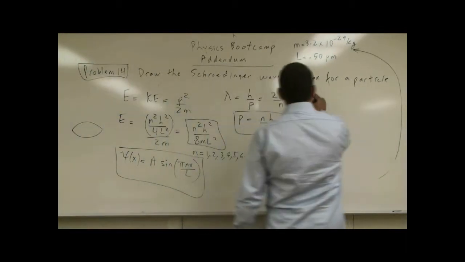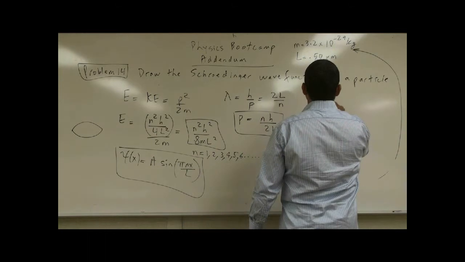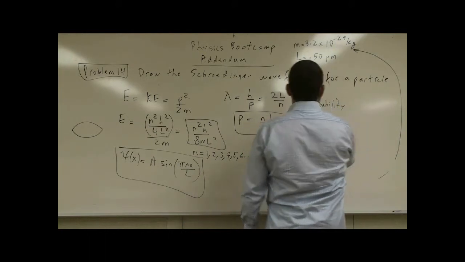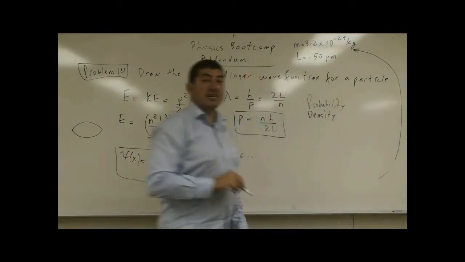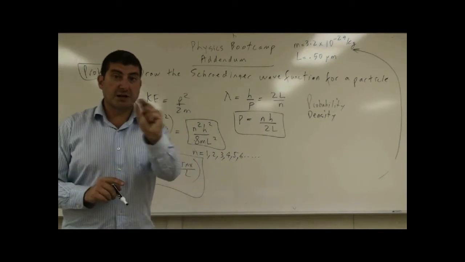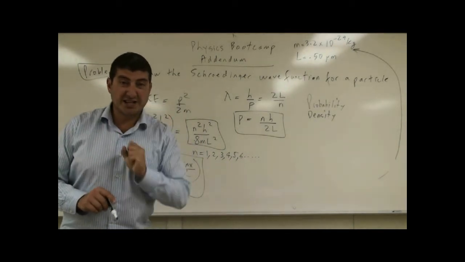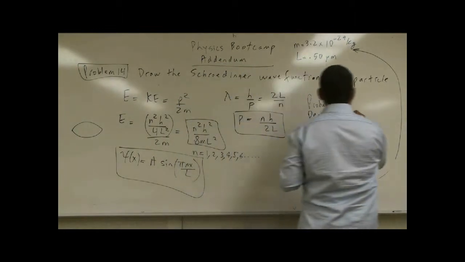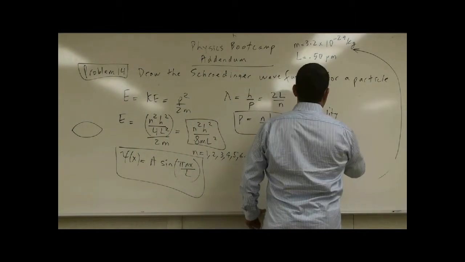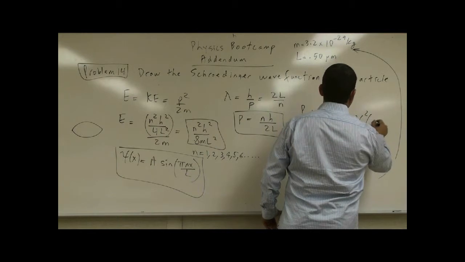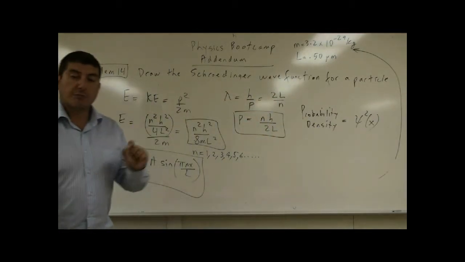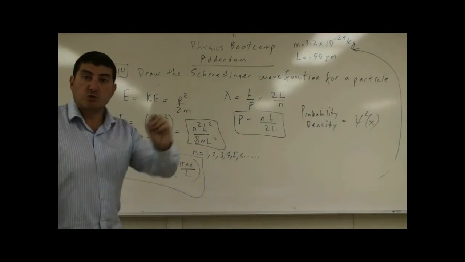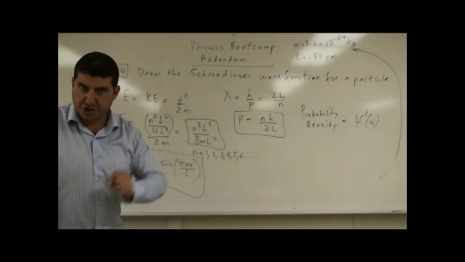The probability density of finding a particle within a certain uncertainty dx is equal to the wave function squared. So the probability density is the probability of finding the particle within a certain area at a certain spot.